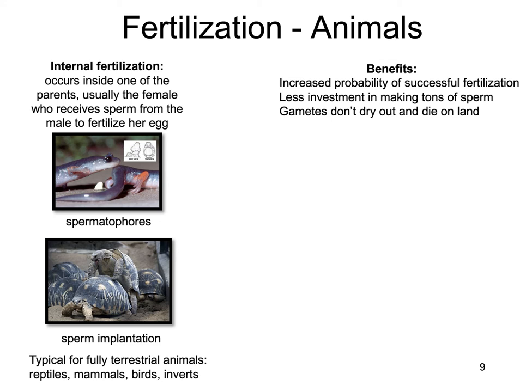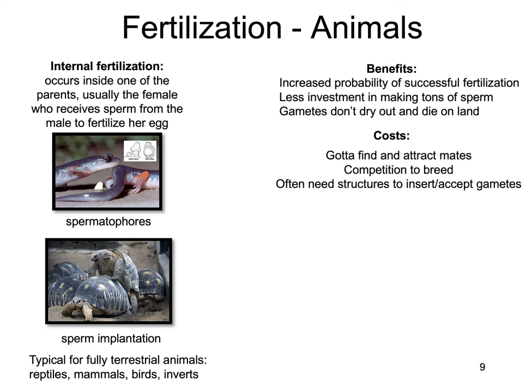Also, gametes are way less susceptible to drying out and dying. And so this is really the type of fertilization that we see most often in terrestrial animals on land. The sperm and the egg are not typically very exposed to the environment, except maybe in the case of spermatophores. But with sperm implantation, everything's able to stay very moist because it's not exposed to the environment.